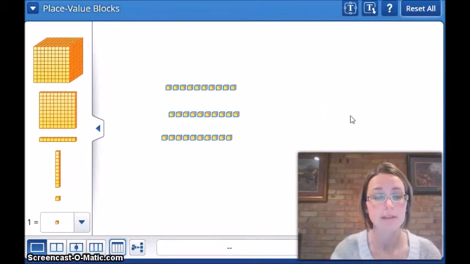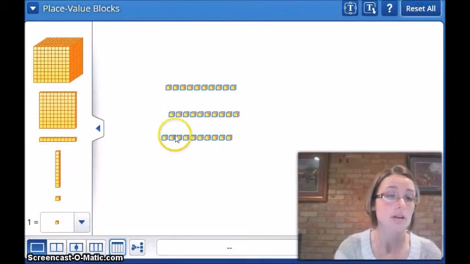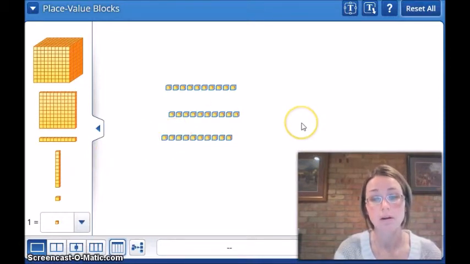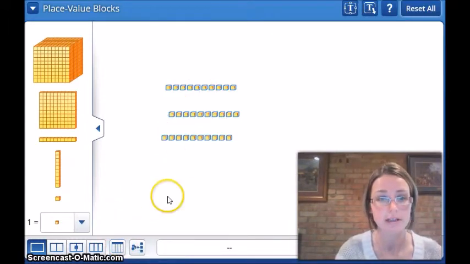You can play with the manipulatives. They're great to use for your homework if you need to actually see how something works, or how many unit cubes, or if you're not actually understanding, you can get on, play around with it, move them around, and it gives you a better feel and understanding.